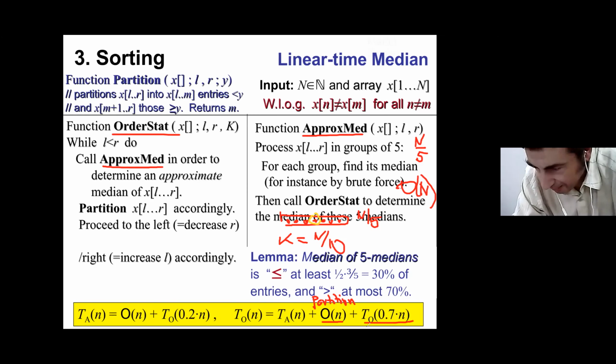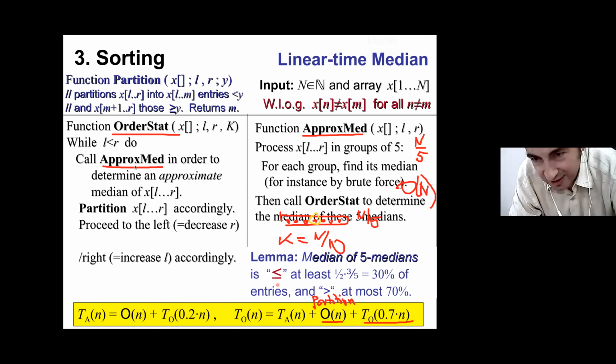And now comes this term. To make clear what this term means, we saw that after calling the approximate median, you need to call order statistics recursively. The function of this approximate median is to restrict the maximal possible size of an array onto which you call T_O recursively.